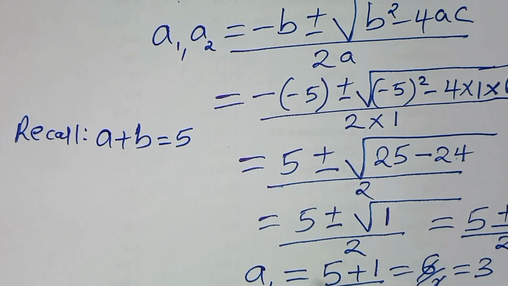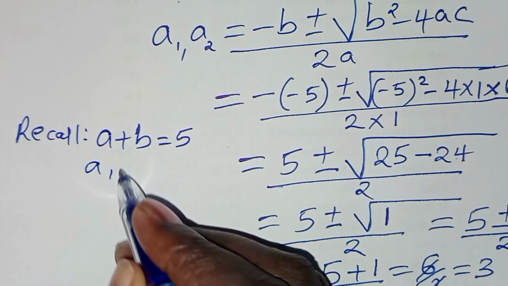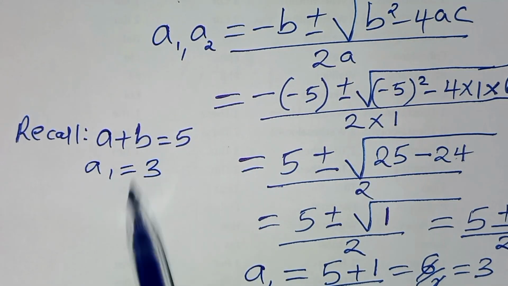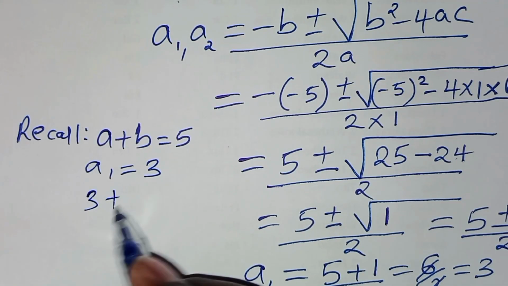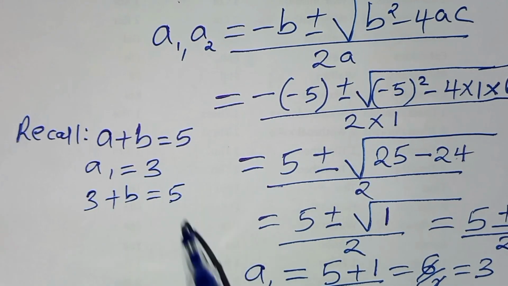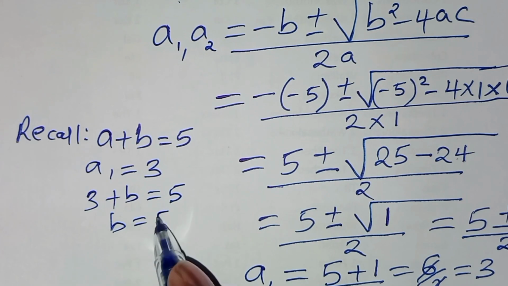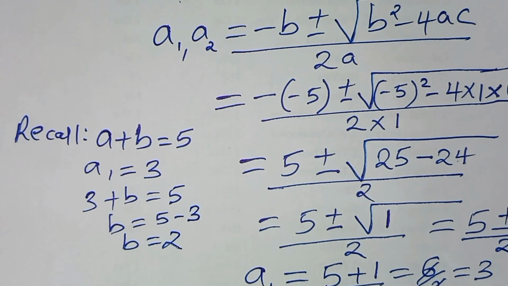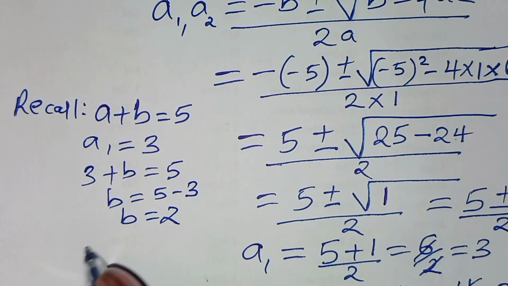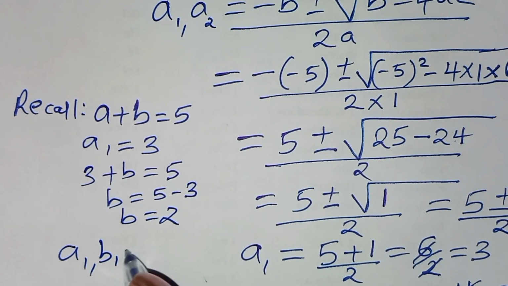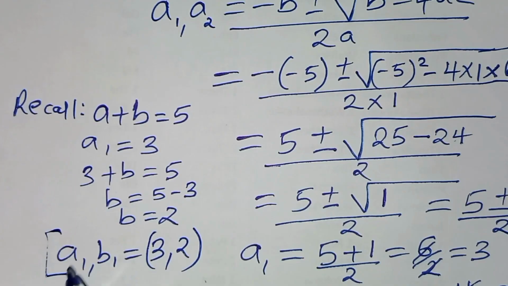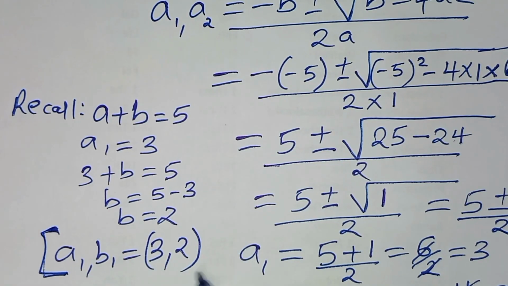So substituting the value of a1, which is equal to 3, we have 3 plus b equal to 5. Therefore b is equal to 5 subtract 3, and therefore b is equal to 2. So in this case, a1, b1 is equal to 3, 2. This is the first set of solution.